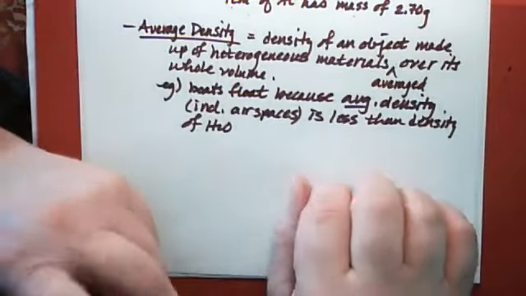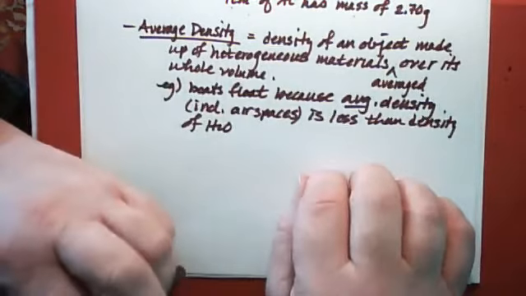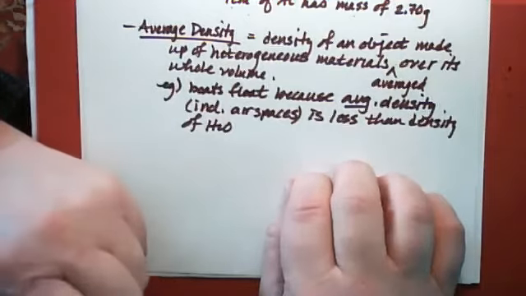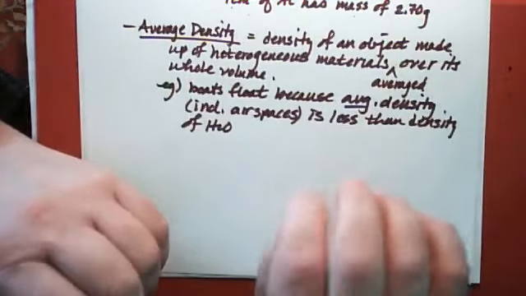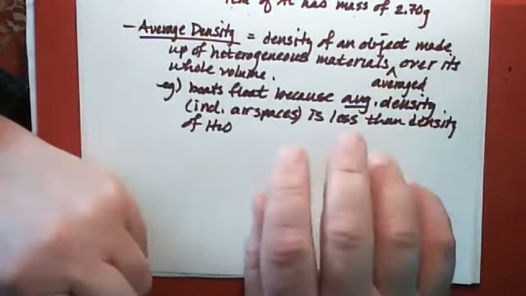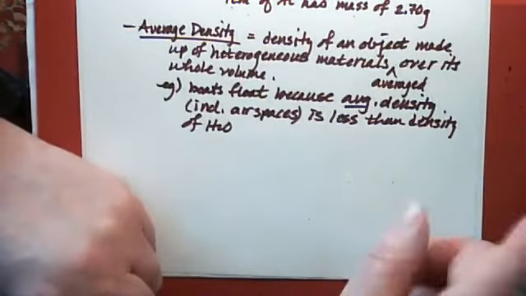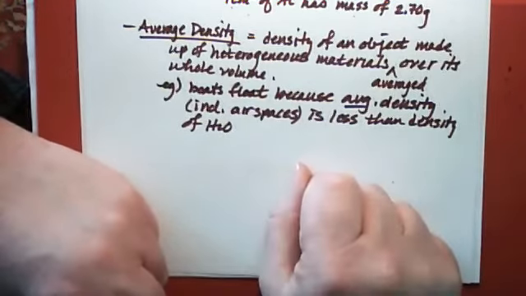On the other hand, it's a curious fact that apes are very poor swimmers. And that's because they're all muscle. They've got very little fat in their bodies. And so their average density comes out to be greater than the density of water. And so when they go in the water, they just sink like a stone.